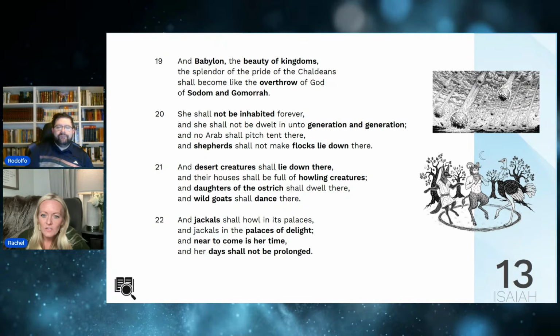And desert creatures shall lie down there, and their houses shall be full of howling creatures, and daughters of the ostrich shall dwell there, and wild goats shall dance. And jackals shall howl in its palaces, and in the palaces of delight. And near to come is her time, and her days shall not be prolonged.